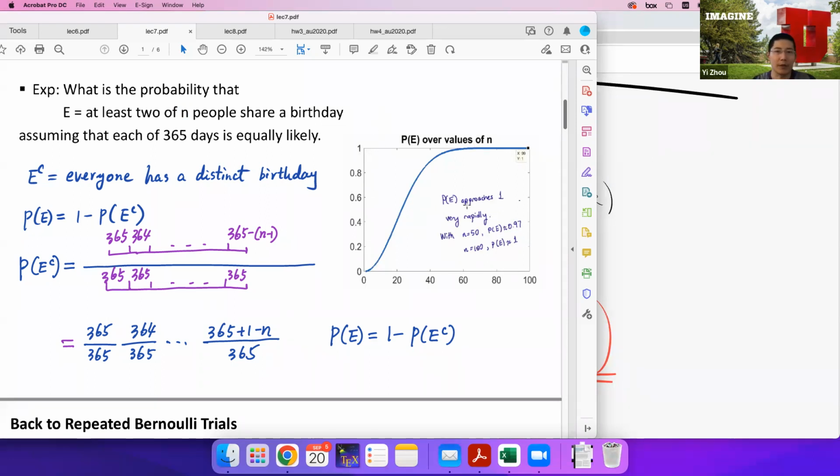Okay, so this is a very common event in practice. Consider the students in your class. If we have 20 students, we still have a 20% probability to have two people that share a birthday.